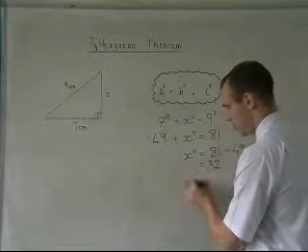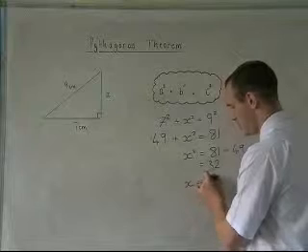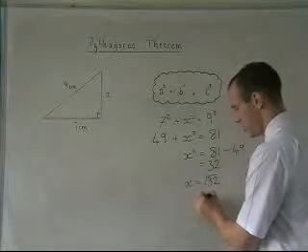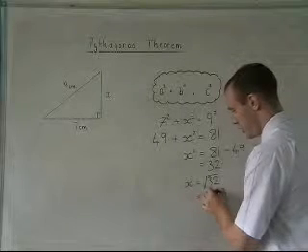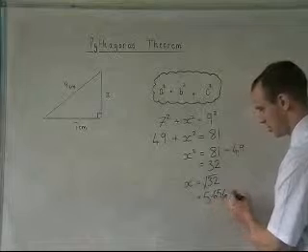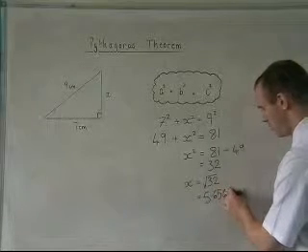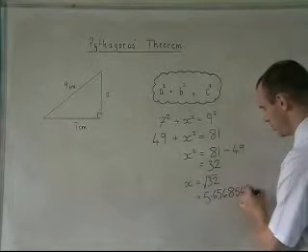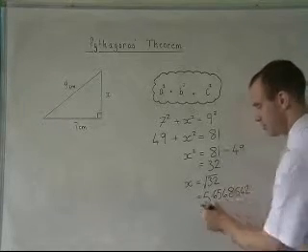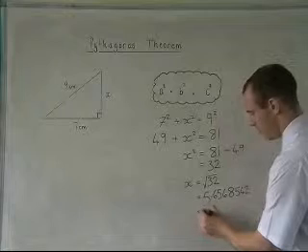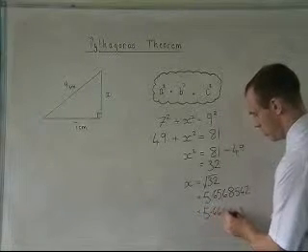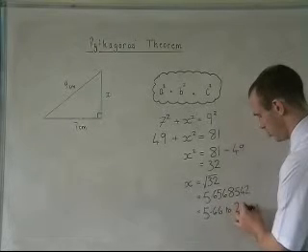X will equal square root 32, which is 5.65685442, but we only want that to 2 decimal places, so we can write 5.66 to 2 decimal places.